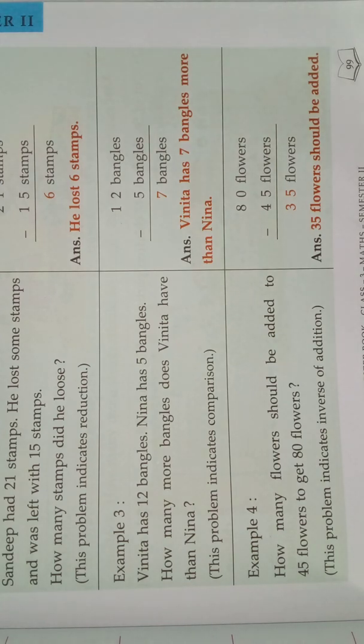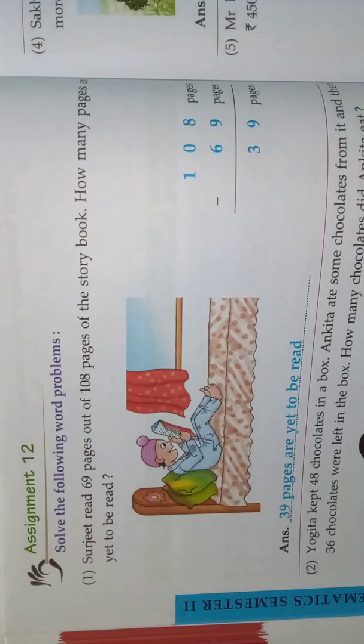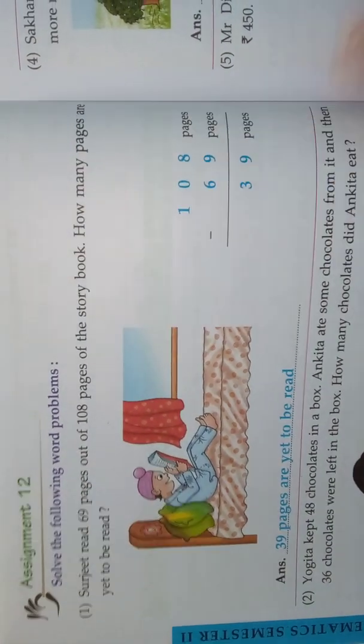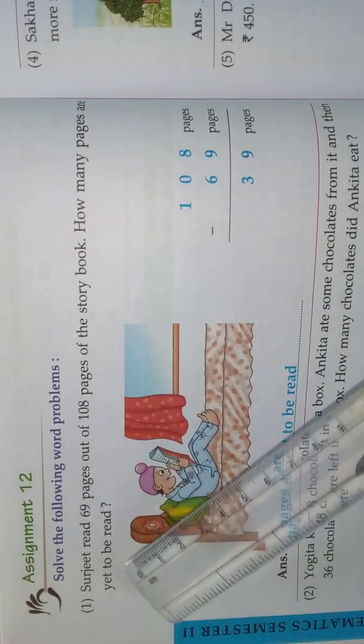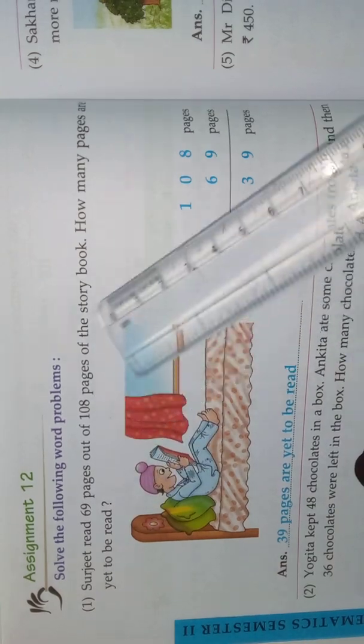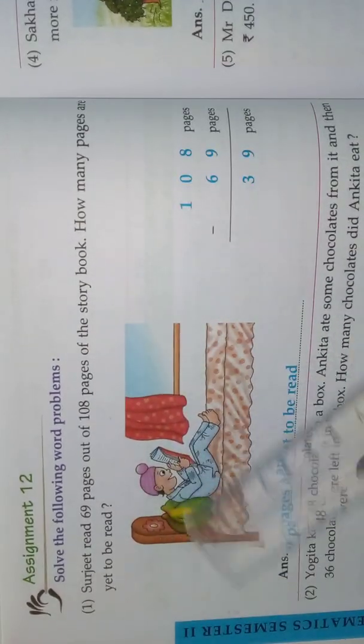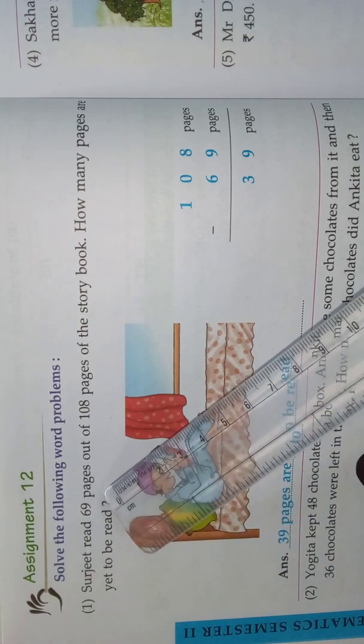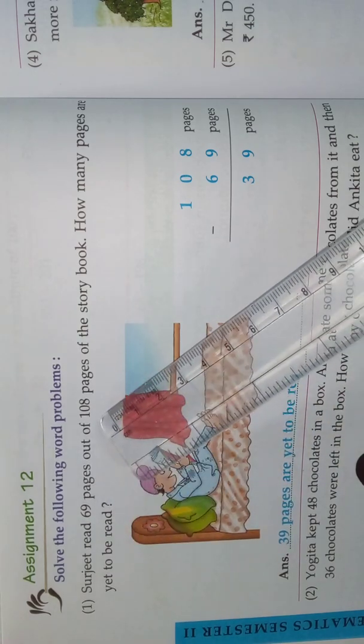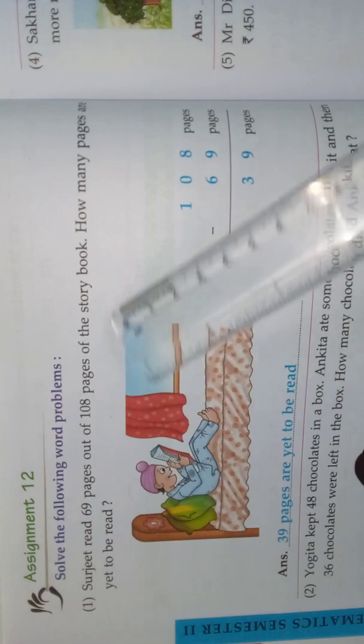Okay, children. Come, we will see the word problems on the next page. Assignment 12. Solve the following word problems. Sujit read 69 pages out of 108 pages of the storybook.